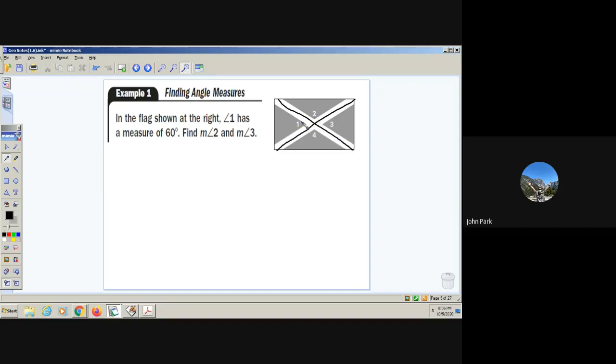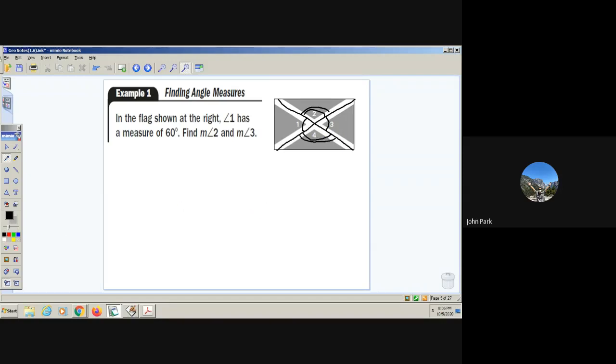Angle 1 is this corner on the left, and angle 3 is the other opposite corner, which makes them vertical angles. Then angle 2 is the angle on the top, and angle 4 is the angle at the bottom. So angle 2 and 4 are vertical angles, and angle 1 and 3 are vertical angles.